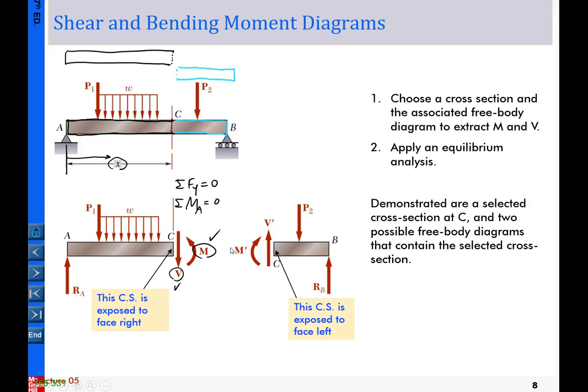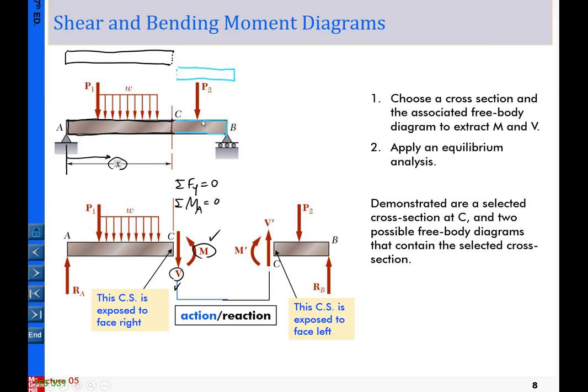And the relation between those things, because they simply state the same cross section. So V and V prime basically are action and reaction, which means their directions are opposite but with the same magnitude.